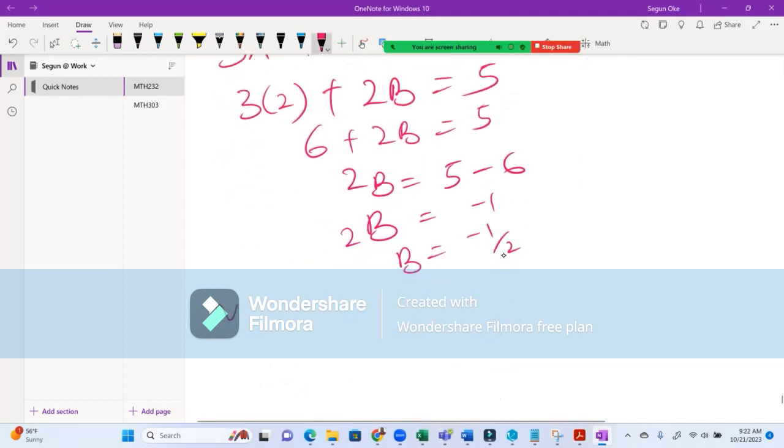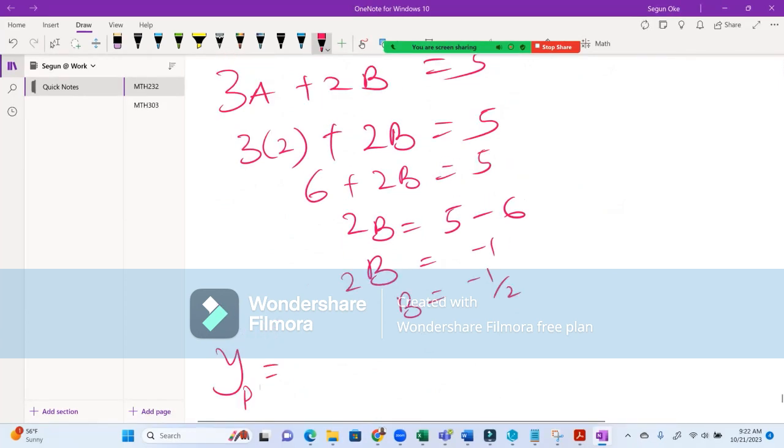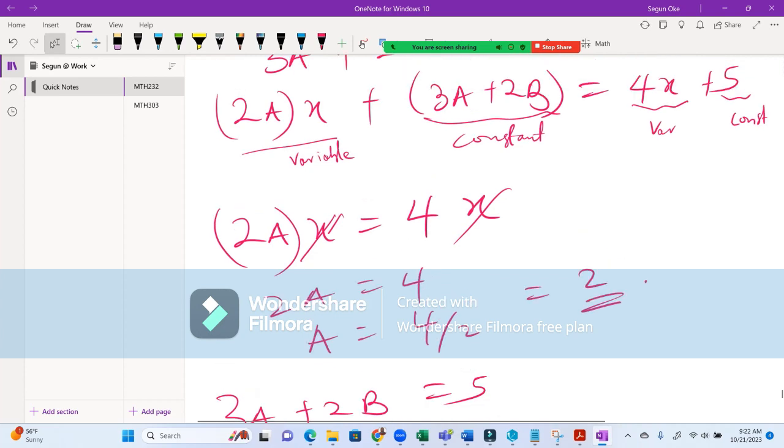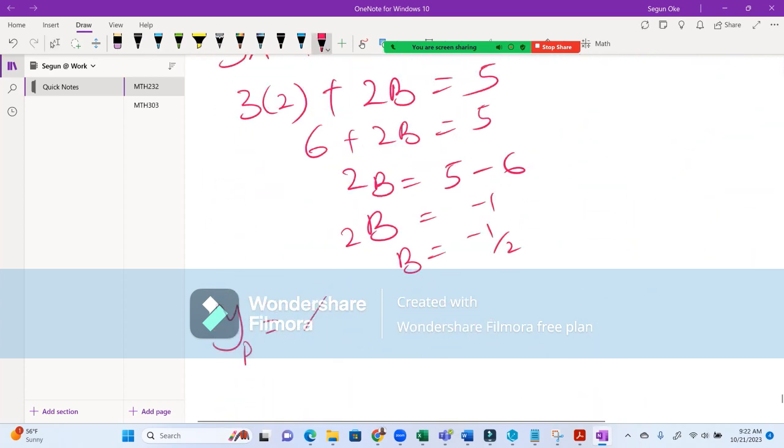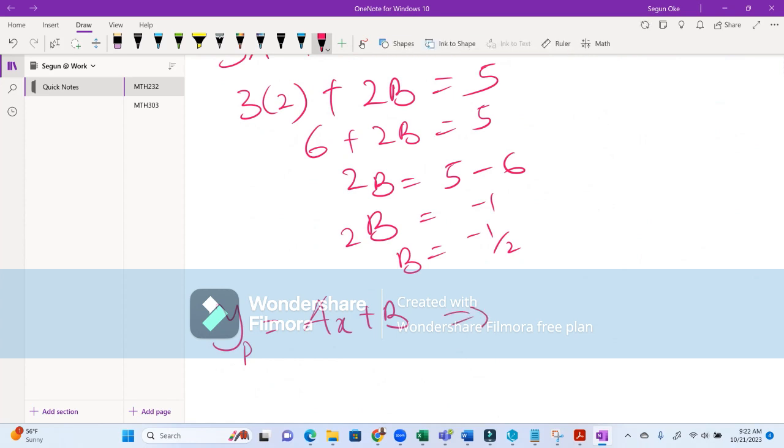Now, what is our yp now? Our yp will be what? Let's go back. Remember yp from day 1 is what? ax plus b. Do you agree? Yes, sir. Now, we know a, we know b. Substitute it. So you have our yp to be equals to 2x minus 1 over 2.